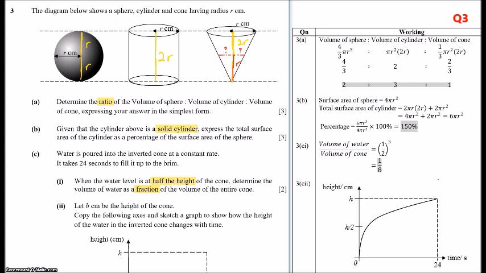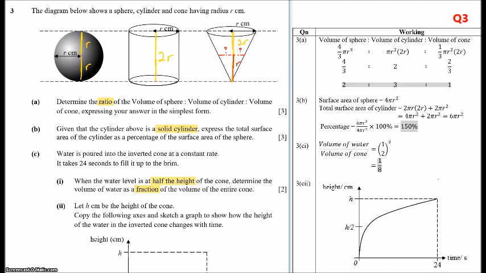So what we need to do is the similar triangle trick, because this red cone over here, this whole part, is definitely similar to the entire cone. And since we want the fraction of the volume, we can actually take the fraction of the length. So the height is r versus 2r. That's why the ratio is 1 over 2.